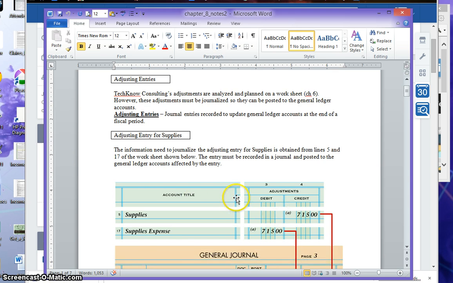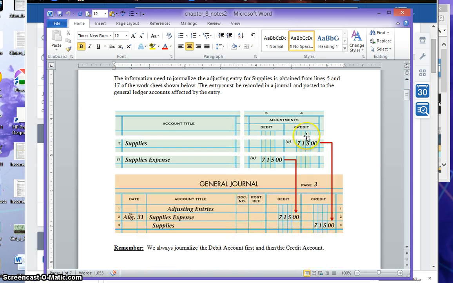So if you take a look at the notes right here, it shows the worksheet section here for our first adjustment, which is the supplies and the supplies expense. Remember, what we do is we record in our adjustment column the amount of supplies we used throughout this period, and we debit it as a supplies expense, and we credit these supplies.